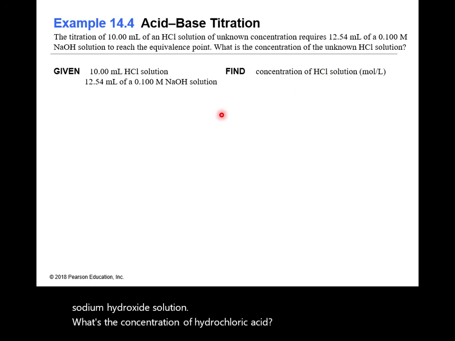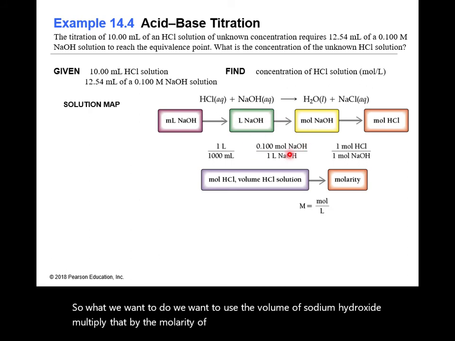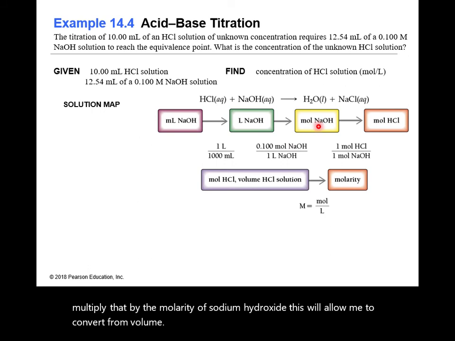So what we want to do, we want to use the volume of sodium hydroxide, multiply that by the molarity of sodium hydroxide. This will allow me to convert from volume to moles of sodium hydroxide.